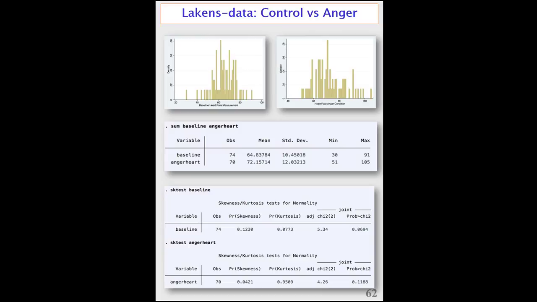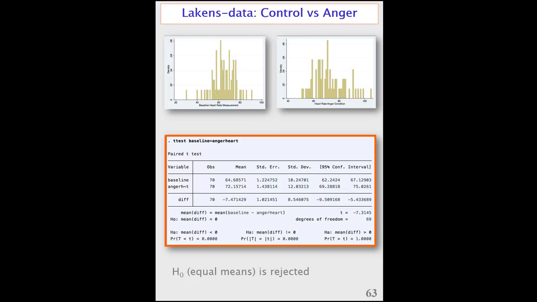Let's see, do we have normality in these separate groups? Well, I just used the SK test in this case. We have a value here, 0.06, just above 0.05, and here is 0.12, also above 0.05. So we're not rejecting normality, we're good to go here. And I'm testing now with the t-test, but slightly differently. I type t-test, and then baseline equal to angry heart.